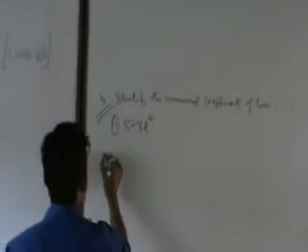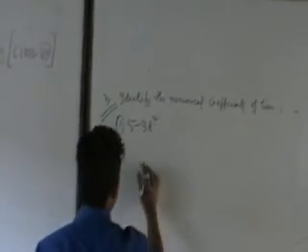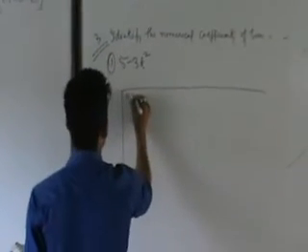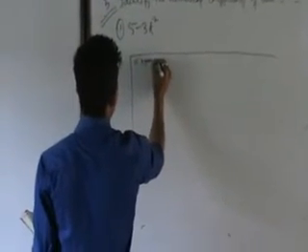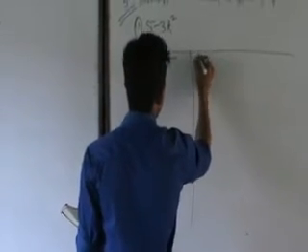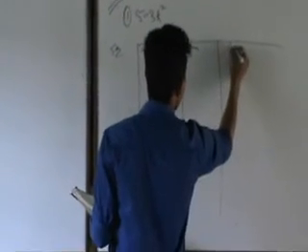It is given in such a way: identify the numeric coefficient of terms other than constant in the following expression. First of all, we will make the table, it will be easier for us. First is expression, then the second will be term, and the next will be coefficient.